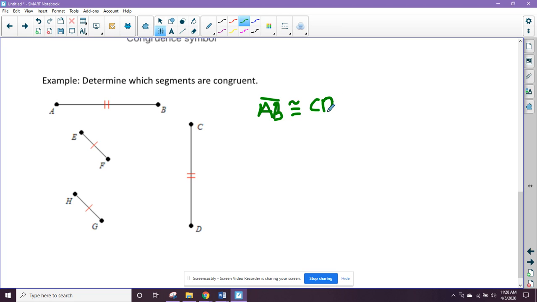Is there any other segments that are congruent to each other here? We have EF here. Is EF congruent to anything? Has a 1 tick. And then HG down here has 1 tick. And these are about the same length if you were to take a ruler to them. So these 2 segments are going to be congruent to each other.